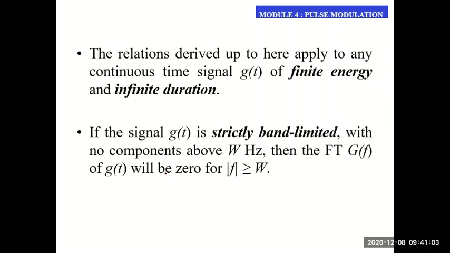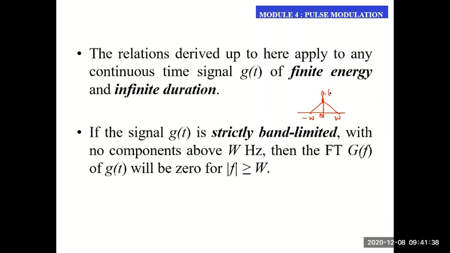If the signal g of t is strictly band limited, now we'll do some additional simplification or substitutions. If the signal is band limited, that means it has no components above W. So it has all frequency components lying between 0 to W. Then the Fourier transform g of f for g of t will be 0.